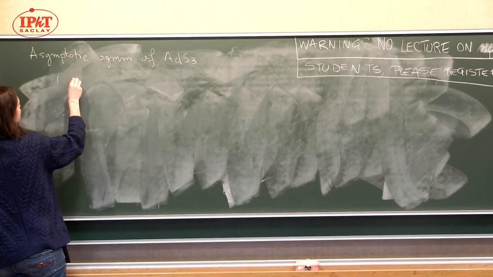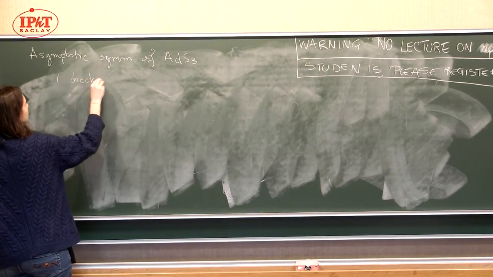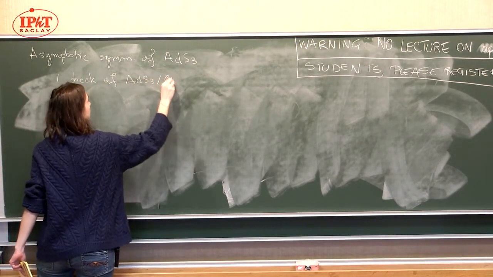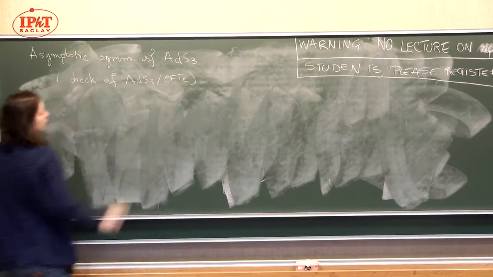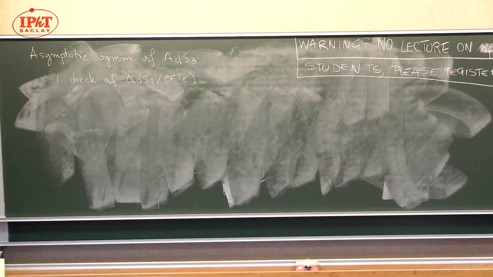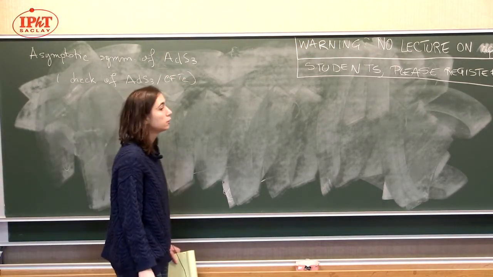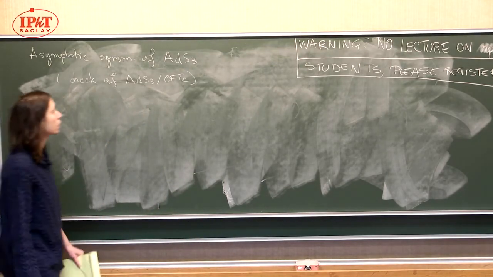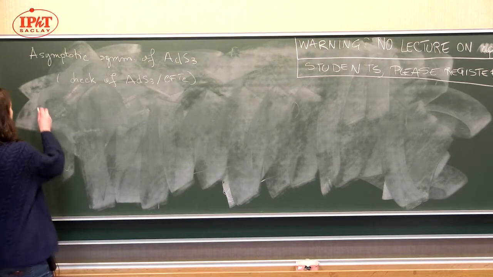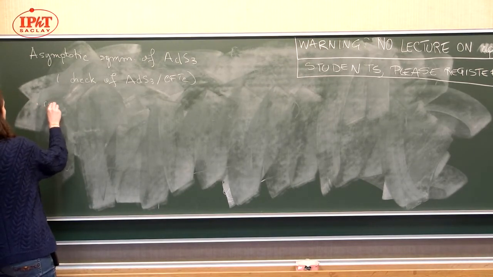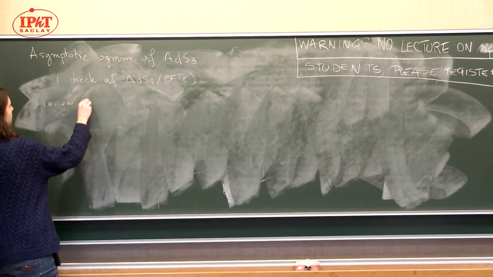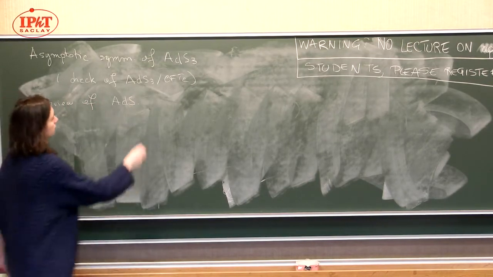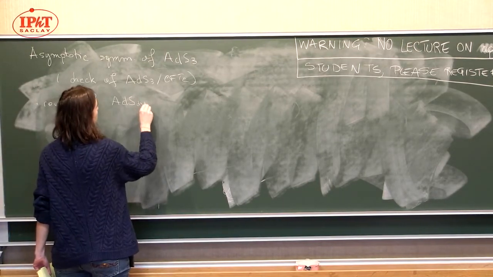So this would be a check of AdS3/CFT2. And in order to explain what we expect to see, I'm going to start with a quick review of AdS in D+1 dimensions.